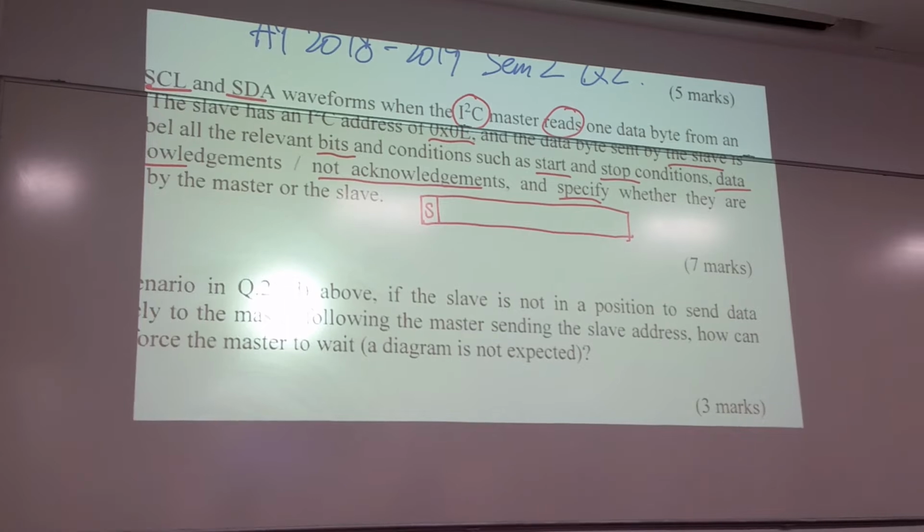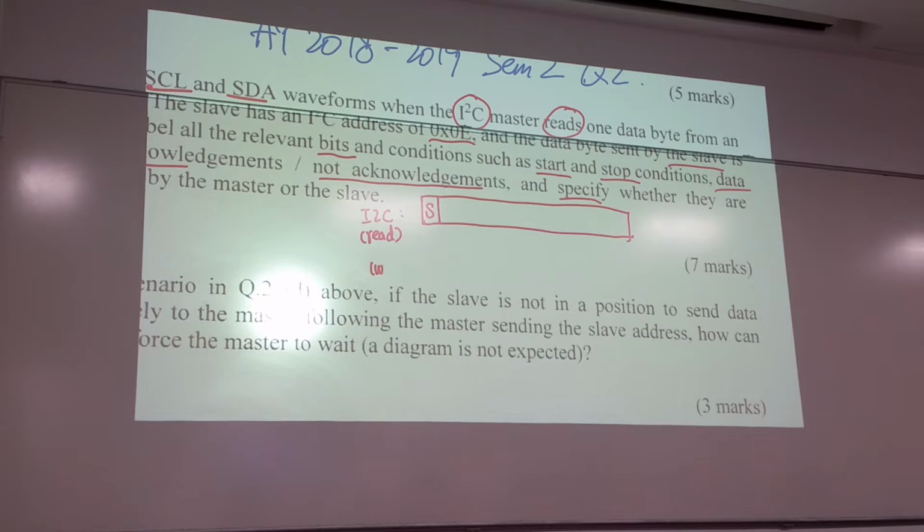There's a start bit. For I2C, I have I2C read and I2C write, and they go differently. Let's say you want to read 1 byte.